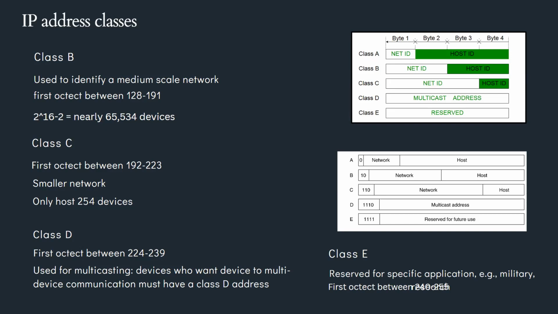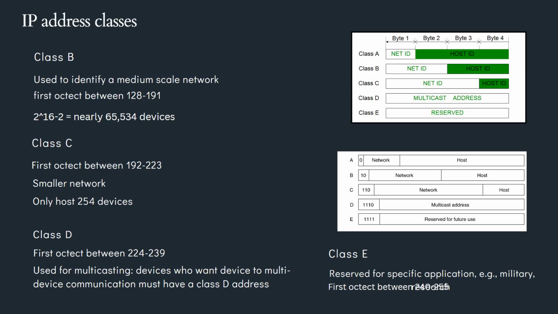So this class D address range is dedicated for multicasting purposes. Multicasting means one device is communicating with multiple other devices, right? Therefore, these devices must have class D addresses specifically to transmit and receive the multicasted information, and therefore class D is separately used for that.